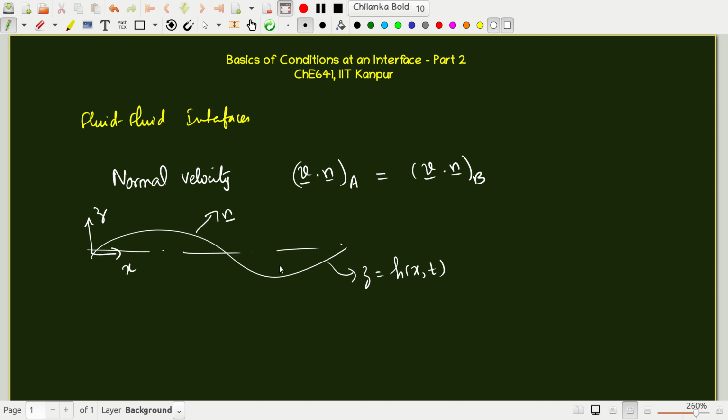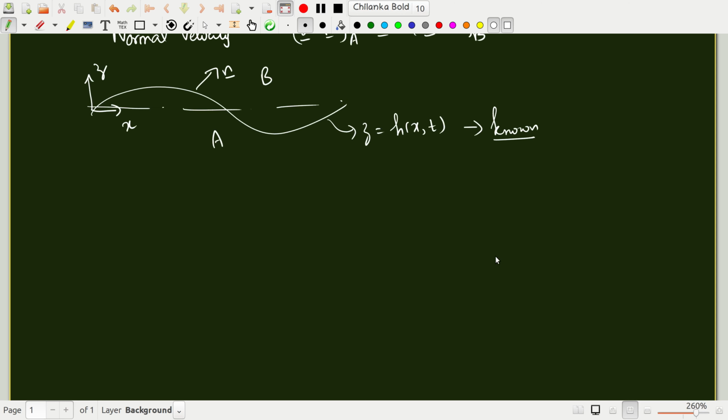Now let's call this phase A, let's call this phase B, and let's first assume that h is known. Although I told you in the previous module that the location of the interface itself has to be obtained by solving the kinematic condition. If we know this, then n can be calculated.